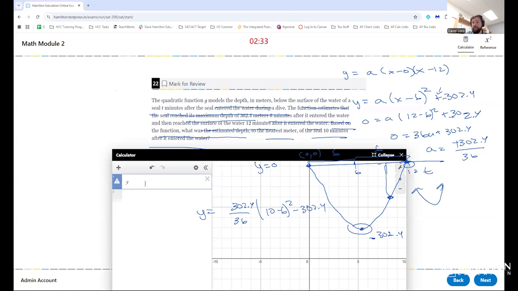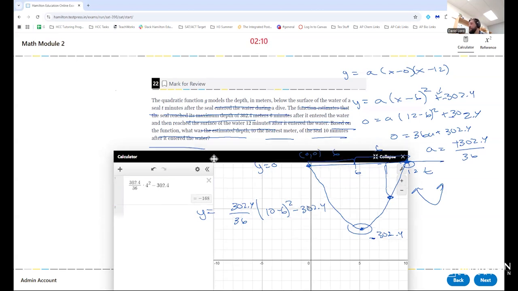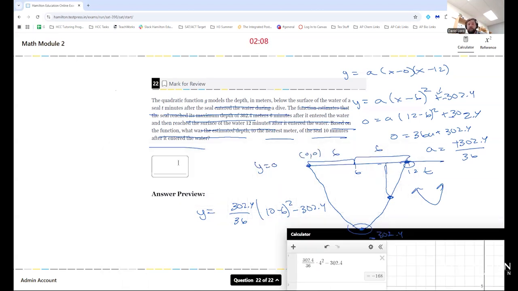I guess we could just type it in as is: 302.4 divided by 36 times 4 squared minus 302.4. All right, negative 168. So that would be the depth, not the negative part. The depth itself is the positive value.